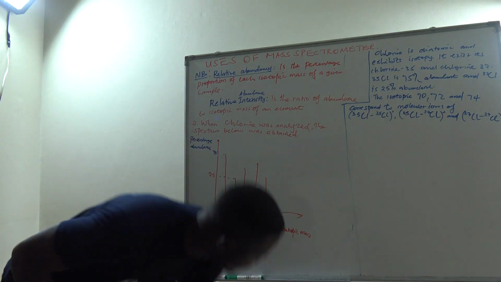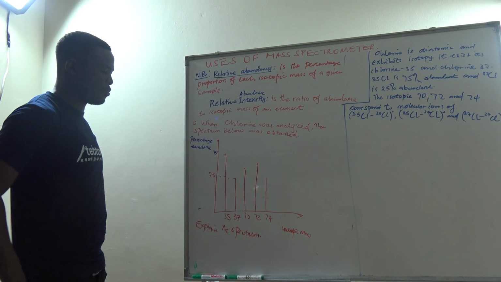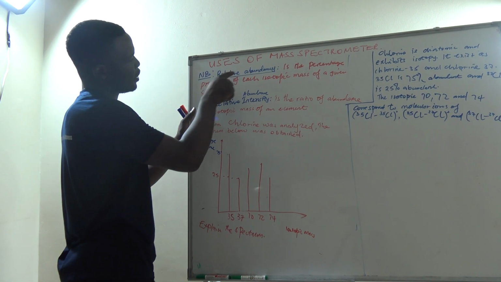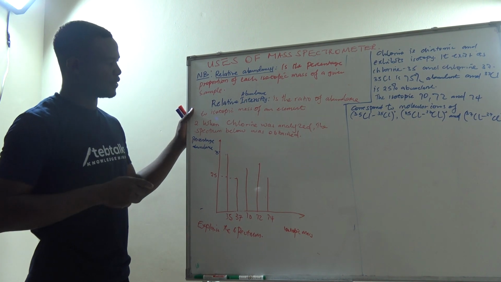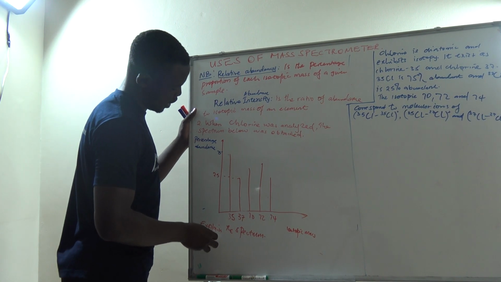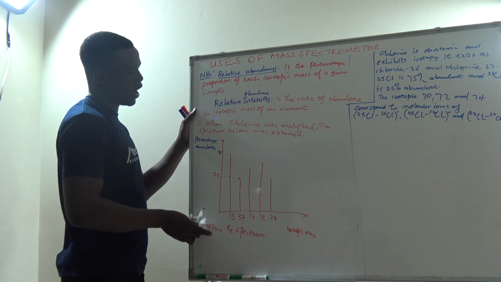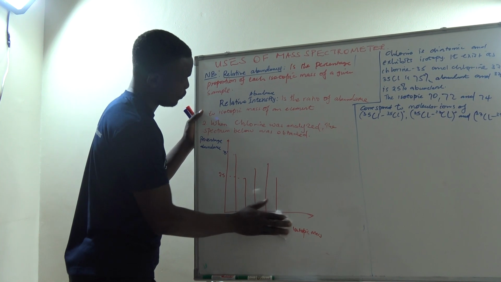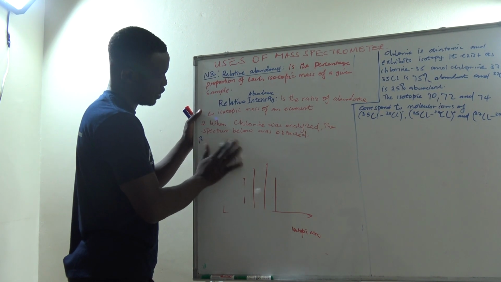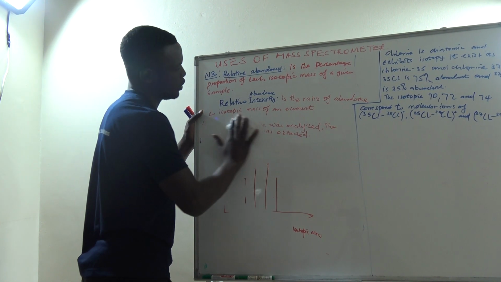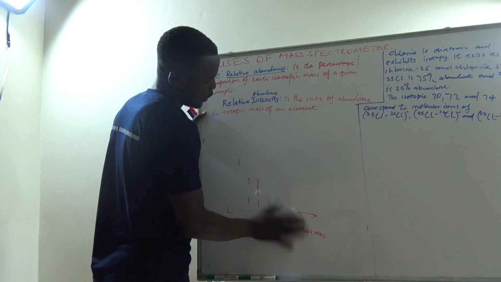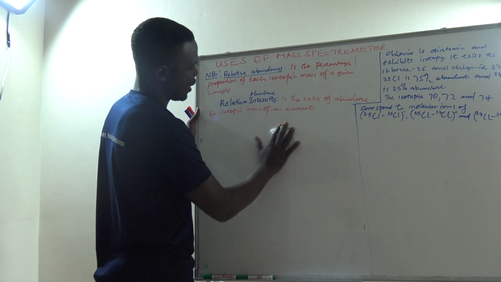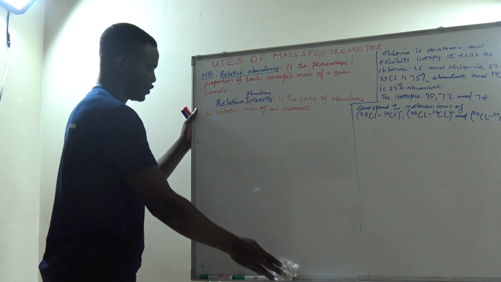Now, let's look at one more example. We have been looking at examples that are to do with relative abundance. This time, let's look at an example that has relative intensity.